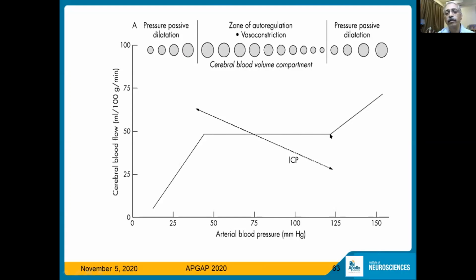Beyond the autoregulatory range, there is passive dilation and there is no more regulation of the flow. Whereas as the pressure drops, as it comes down towards 50 millimeters of mercury, there is a passive vasodilation of the vessels. As there is vasodilation, there is decreased resistance. When the resistance decreases, the flow improves.